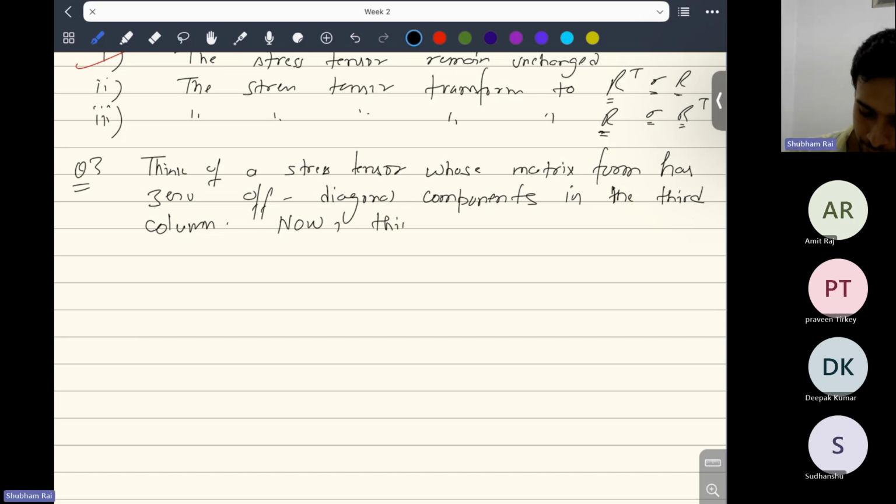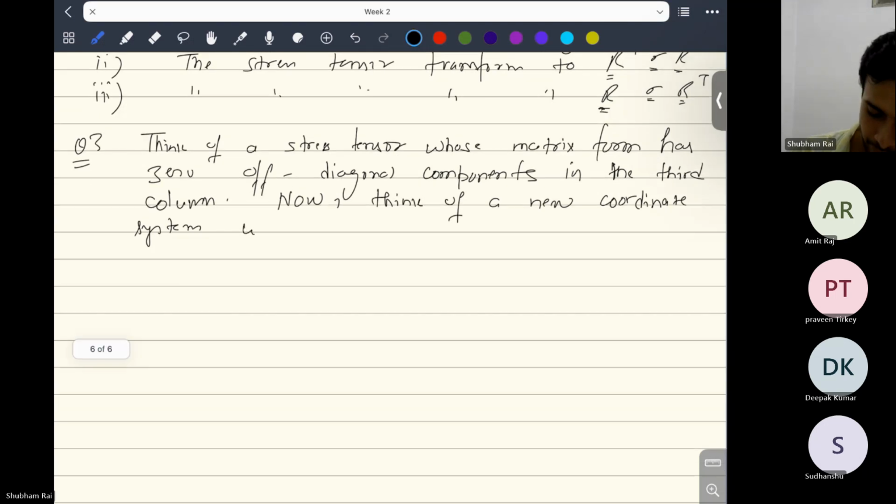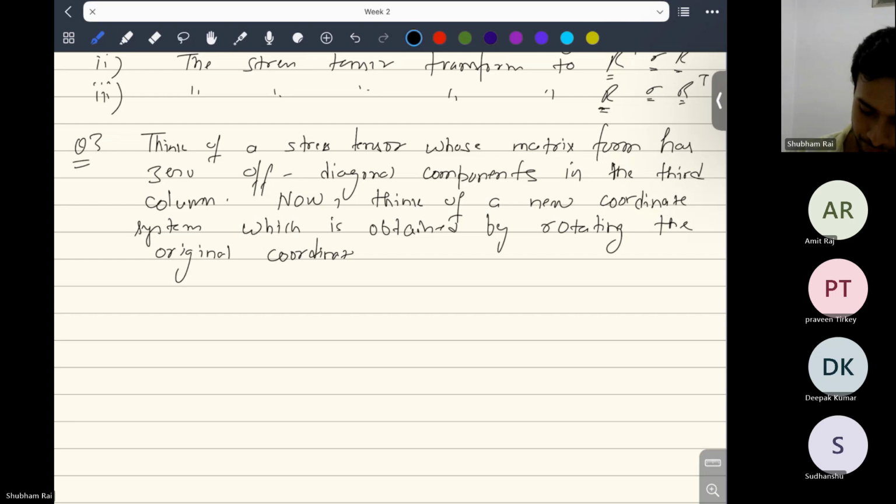Now you have to think of a new coordinate system which is obtained by rotating the original coordinate system relative to its third axis.